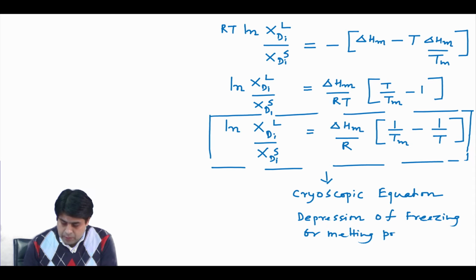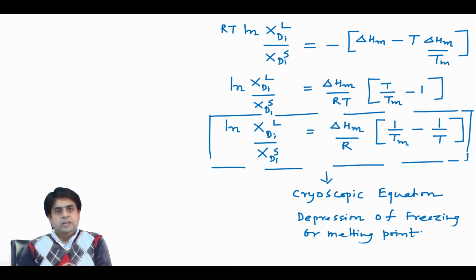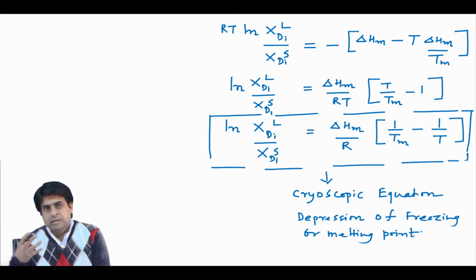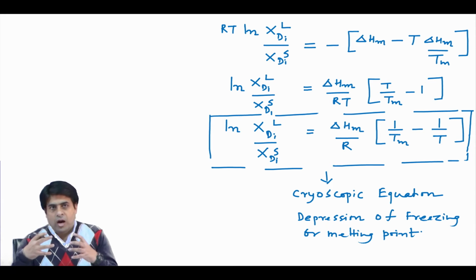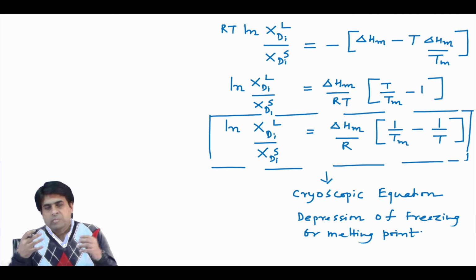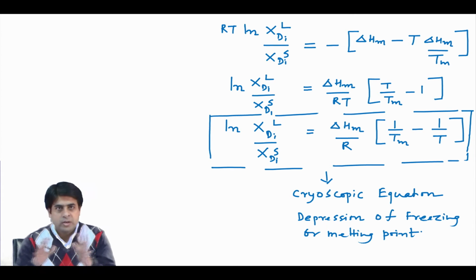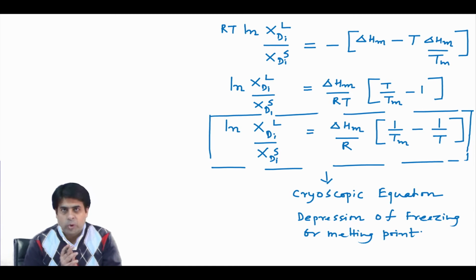Okay. So, this equation basically suggests that when we mix two solids, so basically if these two solids are not miscible, your melting temperature will decrease, and we will try to understand why it is called a depression of melting point or freezing point.